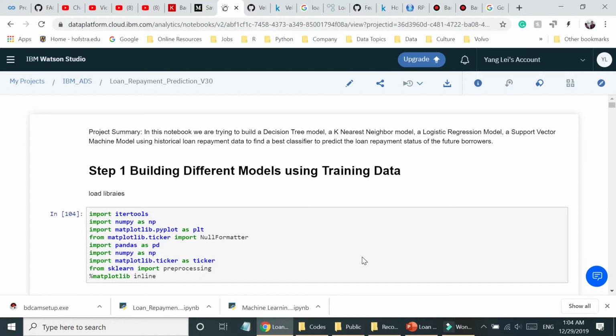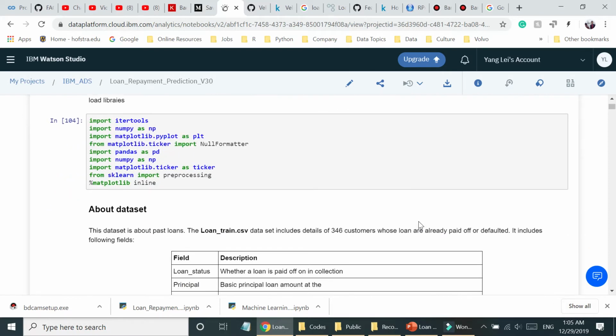The dataset I'm using contains 400 historical loan records. Before moving forward, let's take a quick look at my IBM Watson Studio notebook.